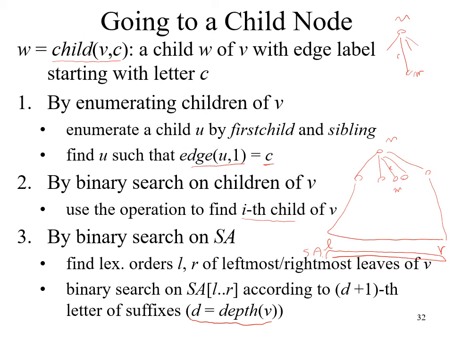D is the depth of V. Then we can find some range of the suffix array whose D plus first letter is C. So by a binary search we can find these leftmost and rightmost leaves satisfying the condition.